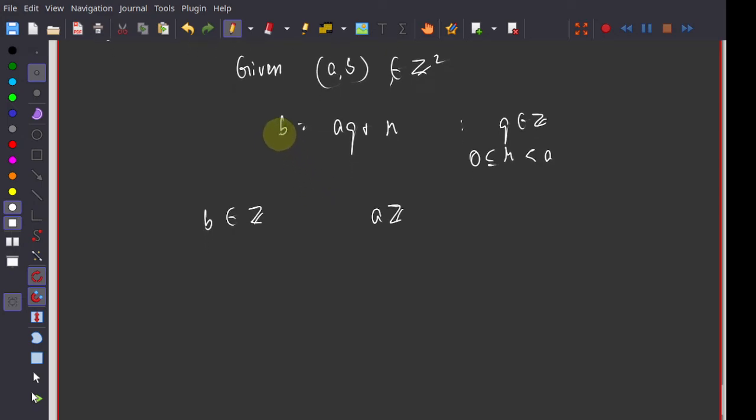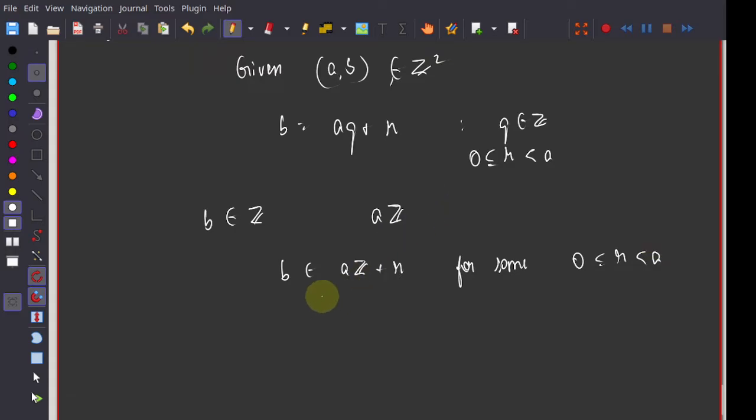One way of stating this particular thing, b equals aq plus r, is to say that b is in aZ plus r for some r with 0 less than or equal to r less than a. Correct?